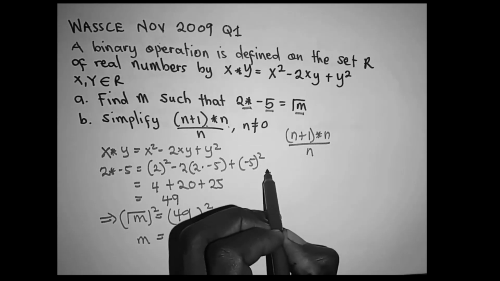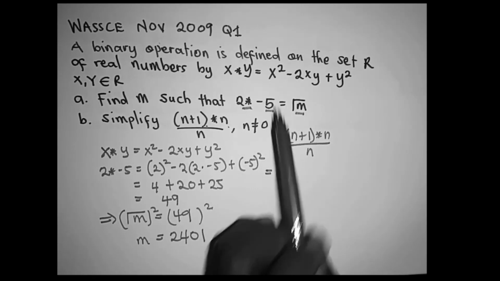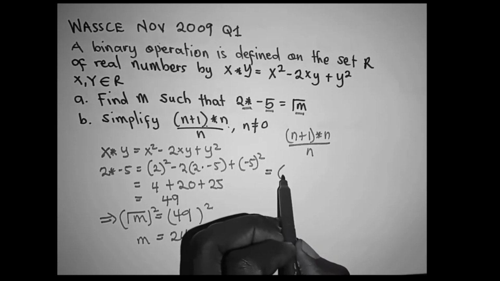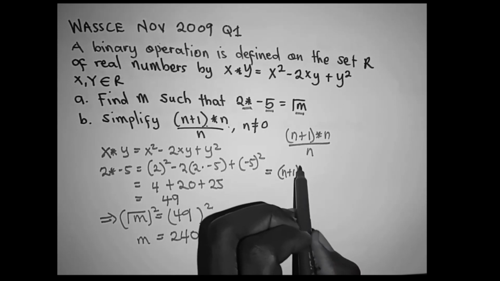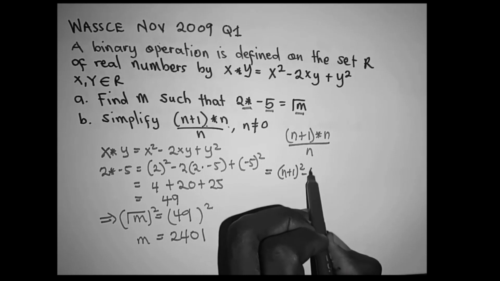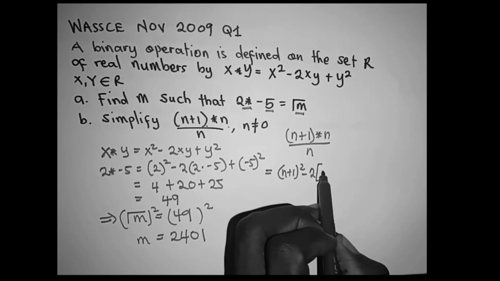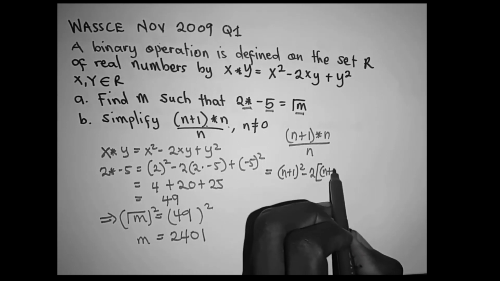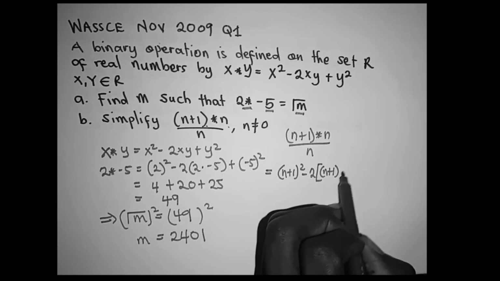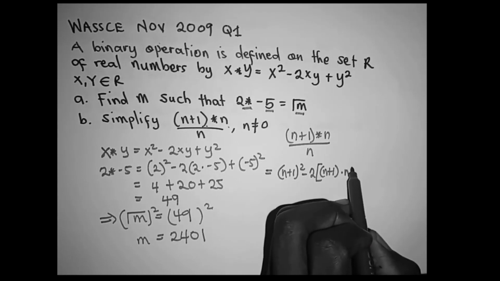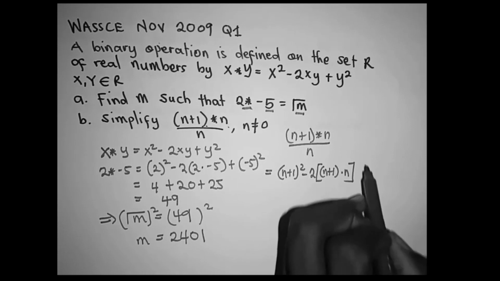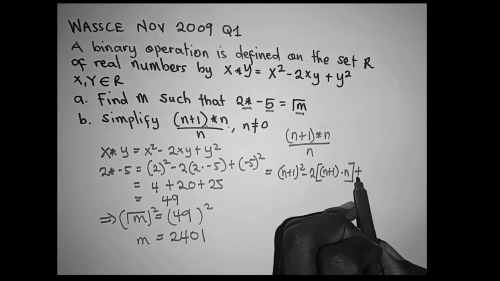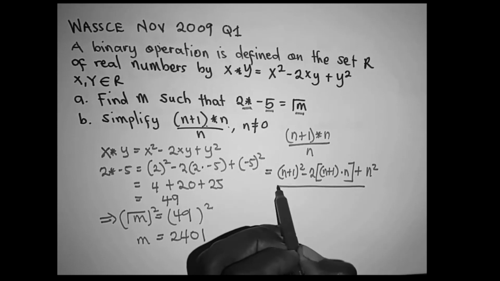So this is equal to n plus 1 squared minus 2 times n plus 1 times n plus y squared, which is n squared, divided by n.